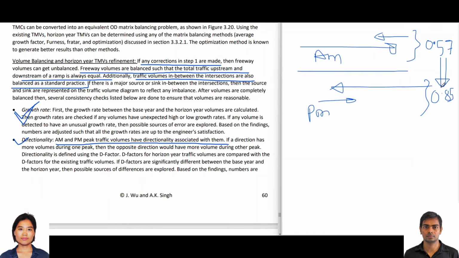Even though there are more vehicles in PM, in general the directionality remains the same between AM and PM. So we try to figure out the directionality in AM, then we figure out the directionality in PM and see if there is a big difference between them. If a big difference in directionality is found, that indicates some error in the travel demand model.